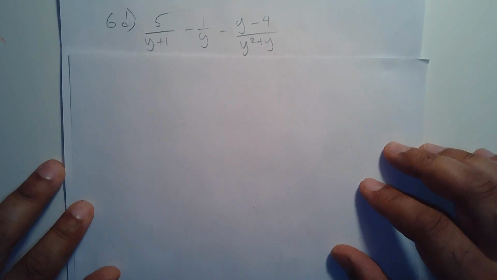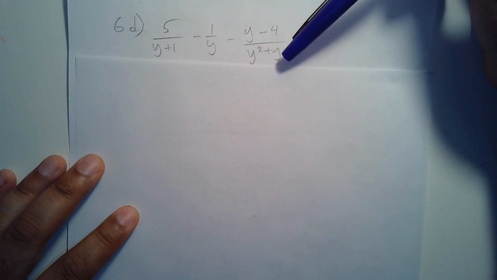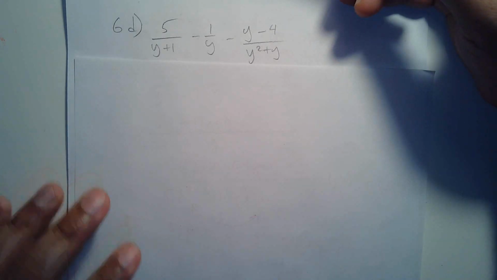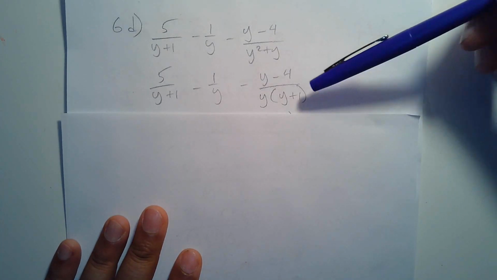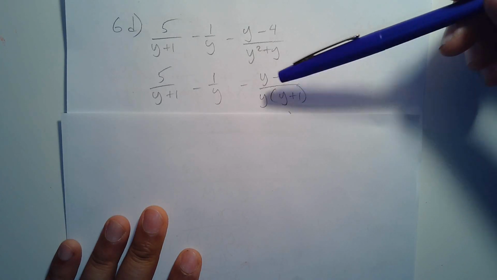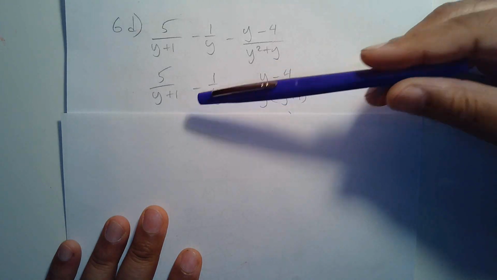Okay, 6D. This one's a little bit longer. Now we've got three fractions. The first thing we'll do is factor this one, and that's going to be y and y plus 1. This one already has the common denominator, which is a combination of these two.